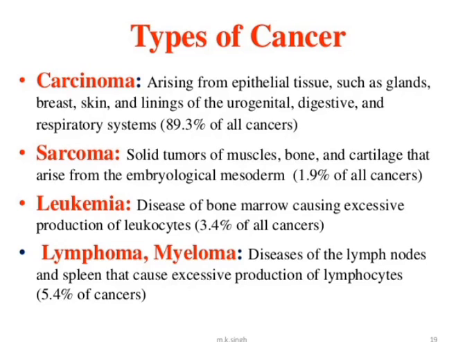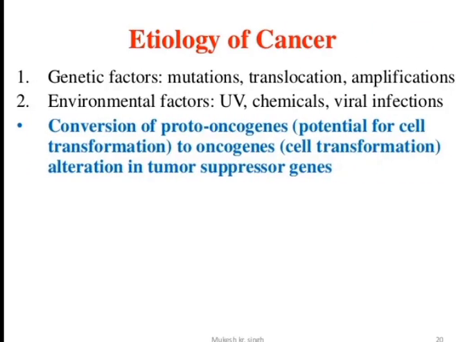Carcinoma arises from epithelial tissue such as glands, breast, skin, and the linings of the urogenital, digestive and respiratory systems. Sarcoma is a solid tumor of muscle, bone and cartilage that arises from the embryological mesoderm. Leukemia is a disease of the bone marrow causing excessive production of leukocytes. Lymphoma or myeloma is a disease of the lymph nodes and the spleen that causes excessive production of lymphocytes.